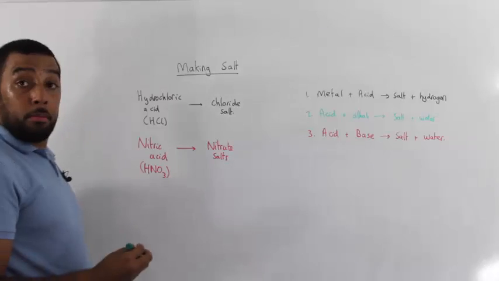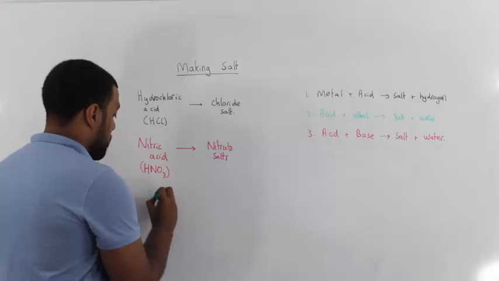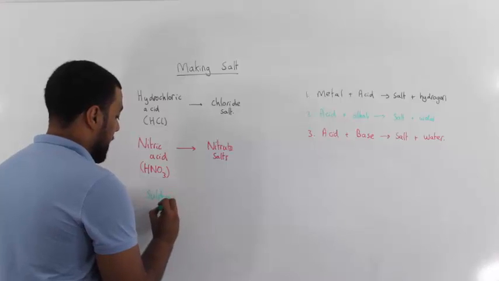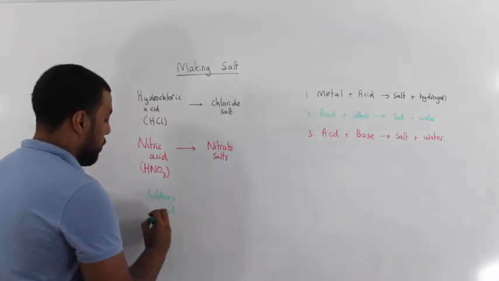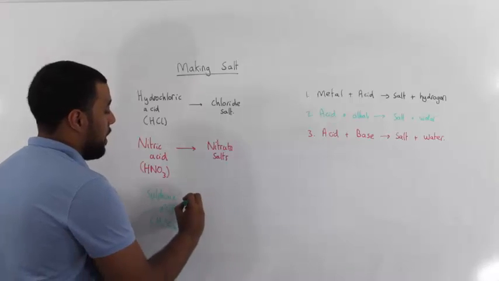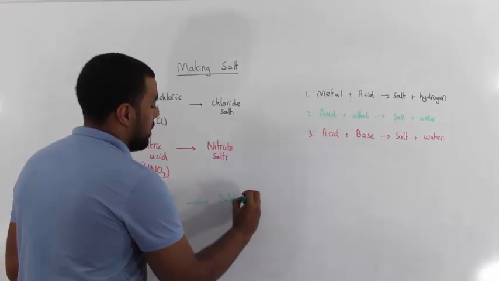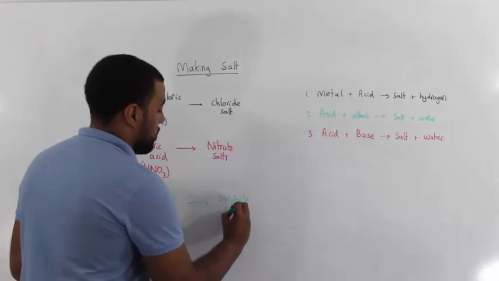And our final one is sulfuric acid. And the formula for sulfuric acid is H2SO4, and that will produce sulfate salts.